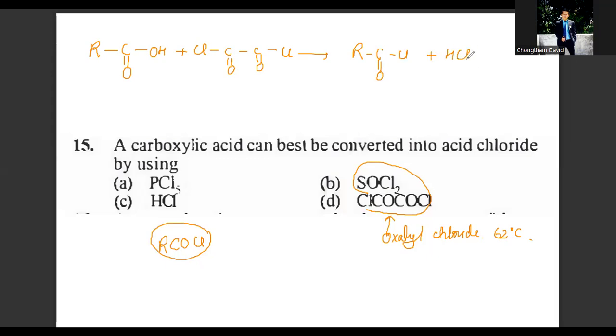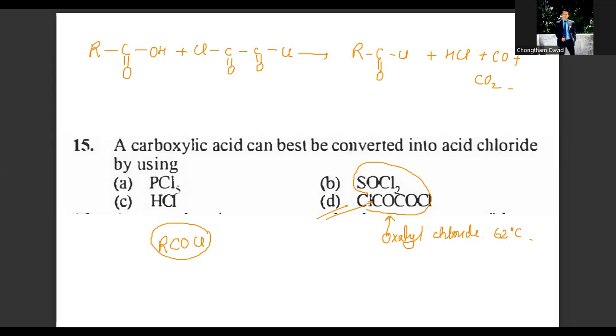Anyway, HCl plus carbon monoxide and carbon dioxide gas. So the correct answer will be yes. I have told you before, the use of thionyl chloride and oxalyl chloride forms gaseous byproducts which can be easily removed due to the low boiling point, 62 degrees Celsius. This will be the correct answer, D.